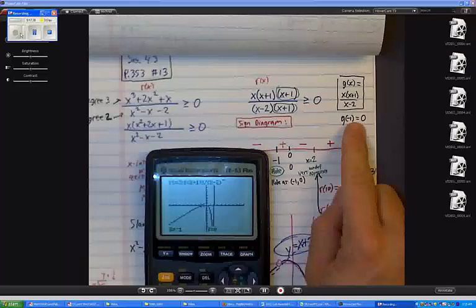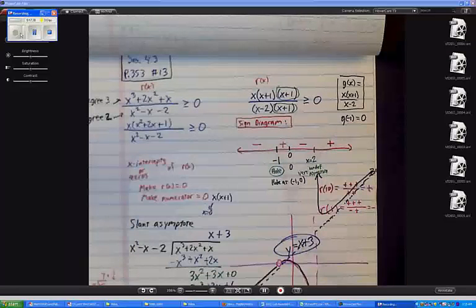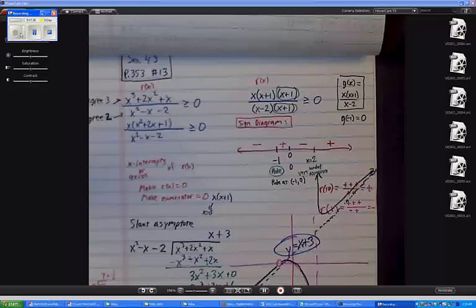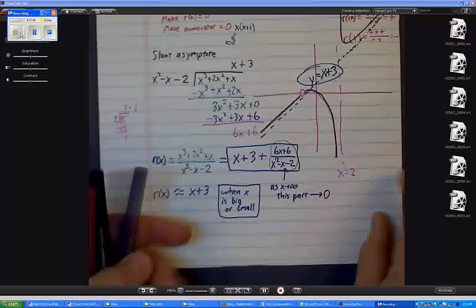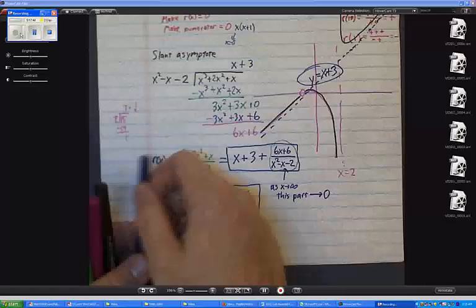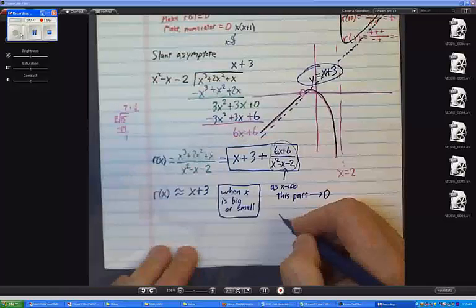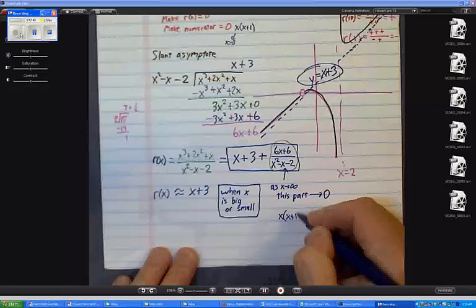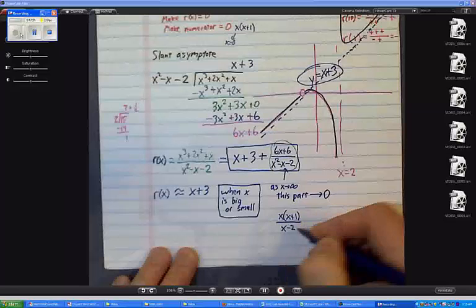So, if I want to find the asymptotes, let's use the reduced function. And all I really have to do now is x times x plus 1 divided by x minus 2. Right? Well, what is that?